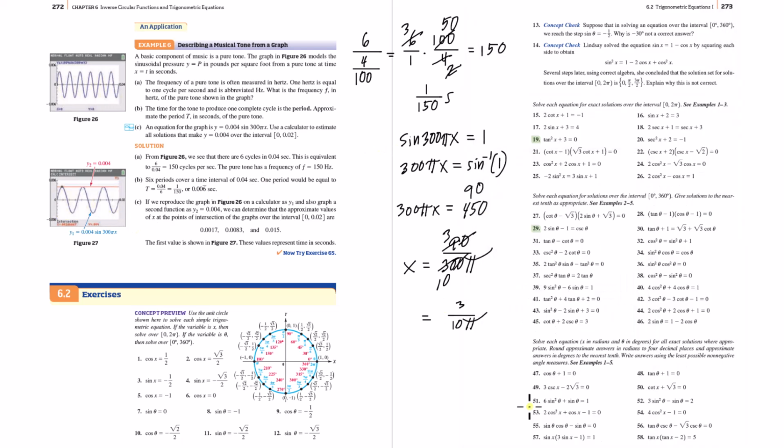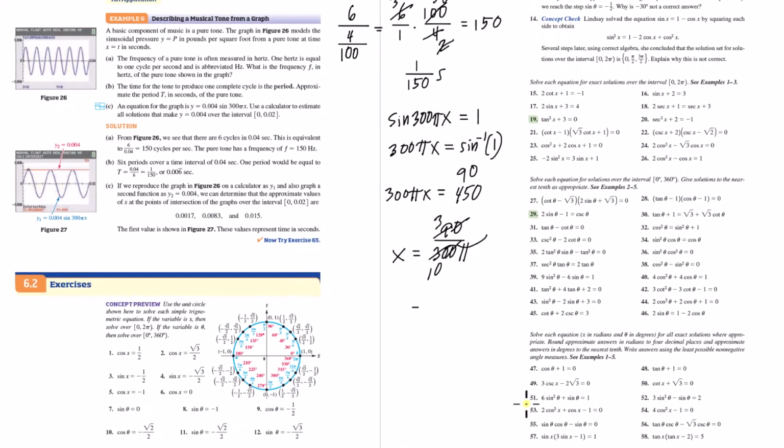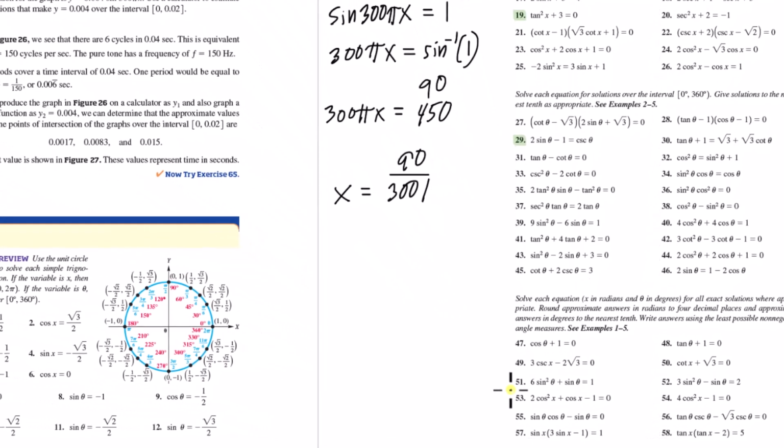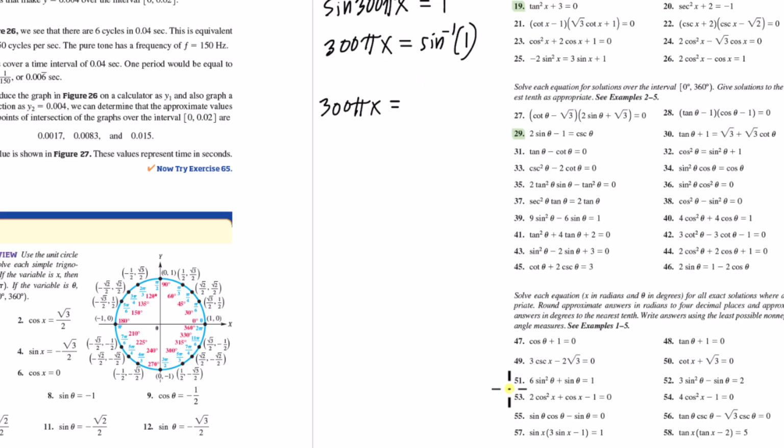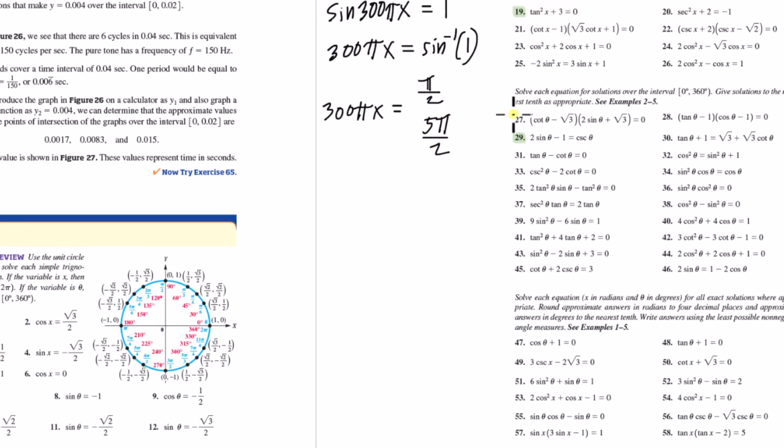Well, wait, we're in radians here. Sorry. So it would be pi over 2, or maybe 2 pi plus pi over 2, so that would be 4 pi over 2 plus pi over 2. That's 5 pi over 2. So let's see.